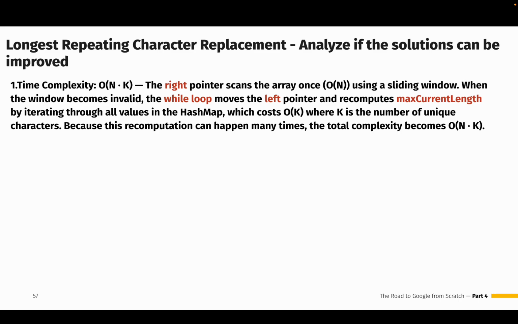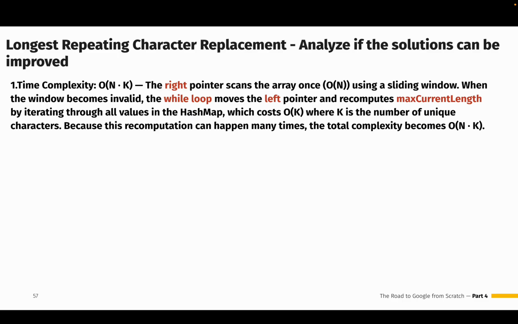When the window becomes invalid, the while loop moves the left pointer and recomputes the maximum current length by iterating through all values in the hash map, which costs O(k), where k is the number of unique characters.